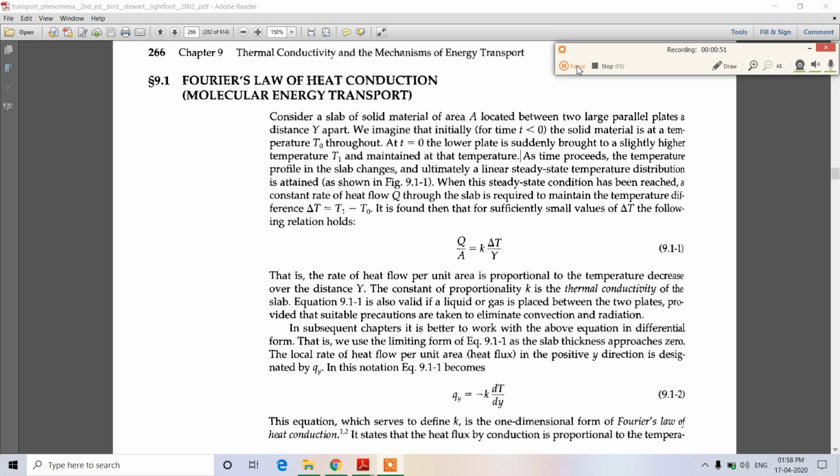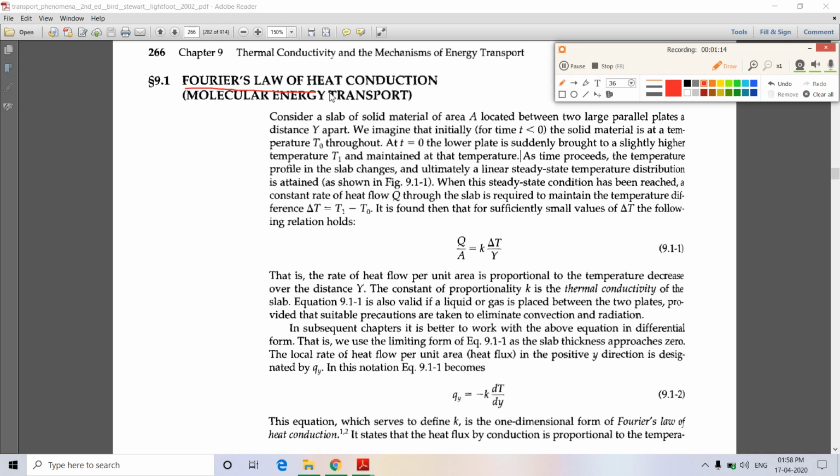So that is the most important part in transport phenomena. So in your syllabus, chapter number 3 is principle of steady state heat transfer, in which the first topic is Fourier's law of heat conduction.